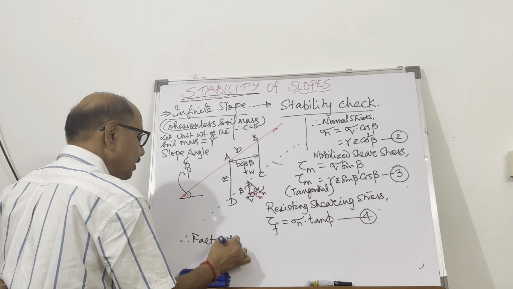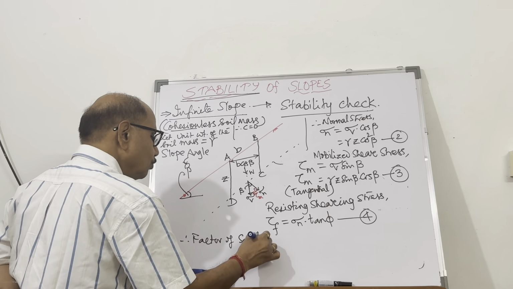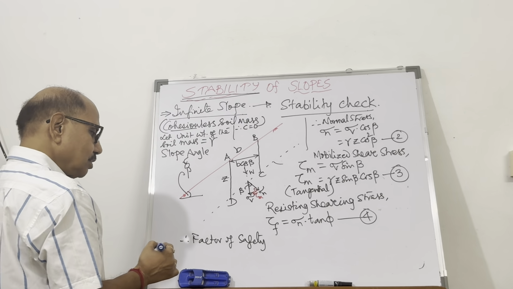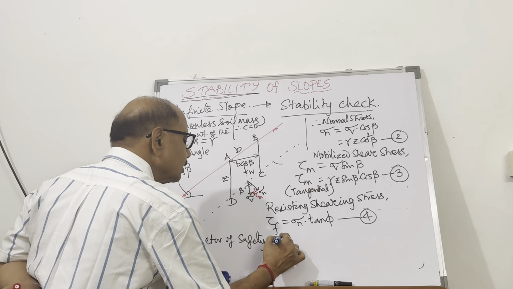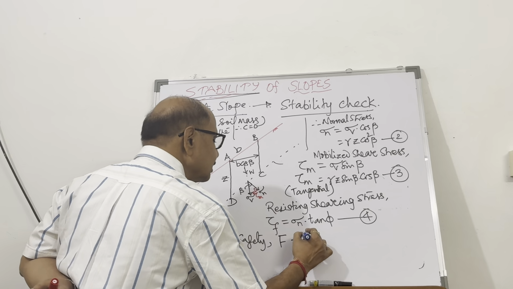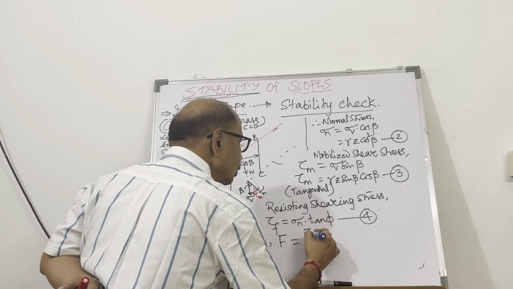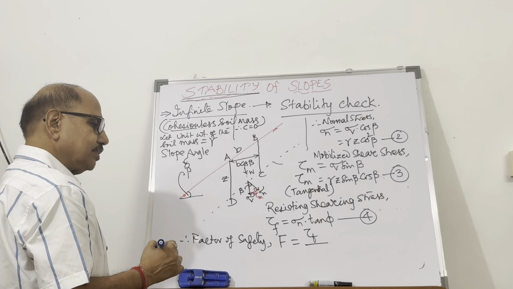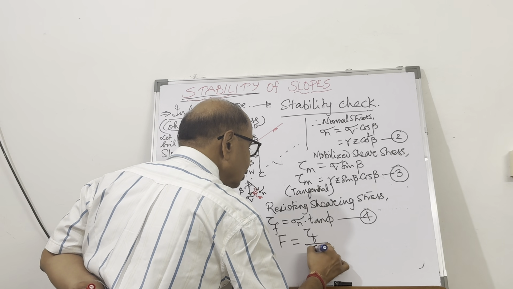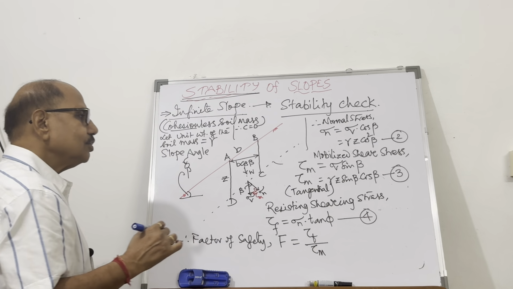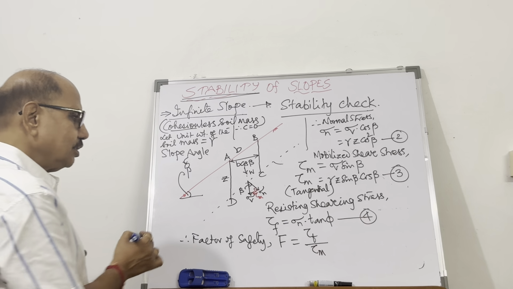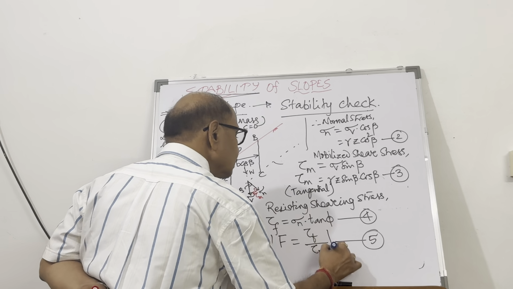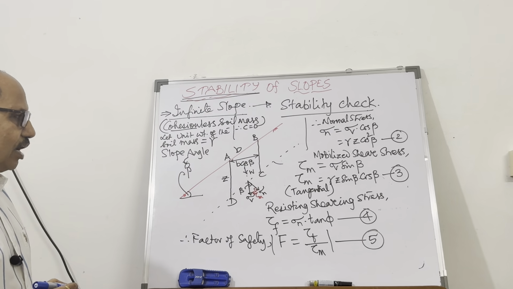So factor of safety for an infinite slope made of cohesionless soil mass, the factor of safety F is given by the maximum shearing resistance to mobilized shear stress. This is called factor of safety. So this is important. Tau f upon tau m.